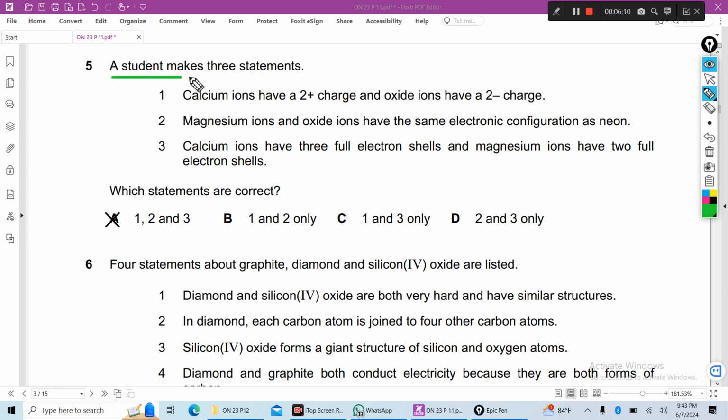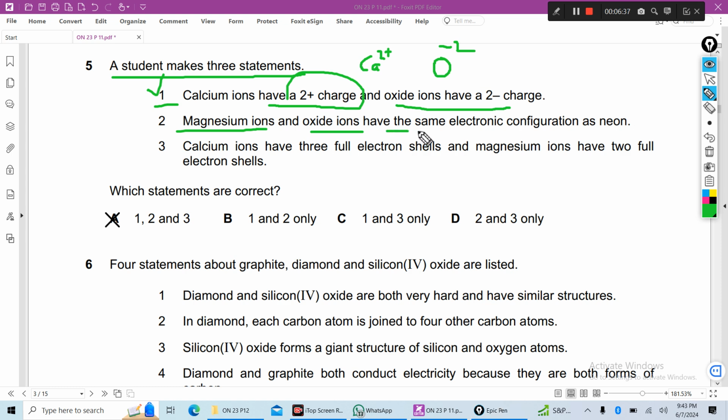A student makes 3 statements. Number 1, calcium ion has +2 charge and oxide ion has -2. Calcium is group 2, so calcium forms a 2 positive ion. Oxygen is group 6, so oxide ion is 2 negative. 1 is true. Number 2, magnesium ion and oxide ion have the same electronic configuration as neon.